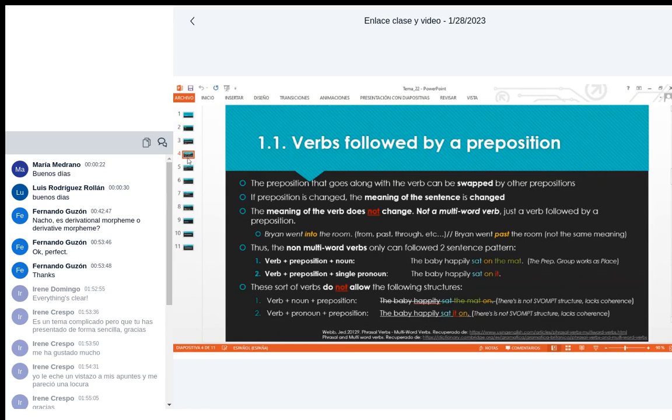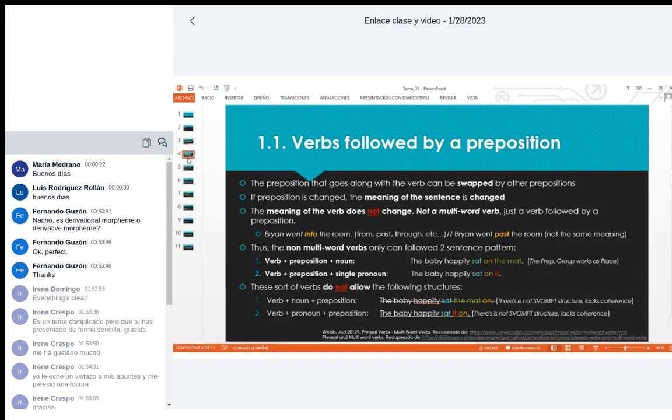We also have a second pattern, which is the verb plus the preposition plus a single pronoun, which is also a word order accepted by the lexical verbs. For example, the baby happily sat on it. It is replacing the mat, and on it would also be a prepositional phrase which performs the function of a complement of place.